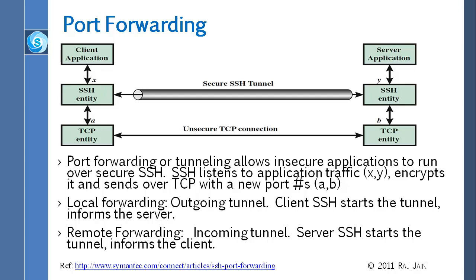Okay, so don't get confused. This is the client and this is the server, right? The client SSH starts the tunnel, which is host W, and informs the server SSH, which is host H, that I will forward the traffic on this channel to Y.